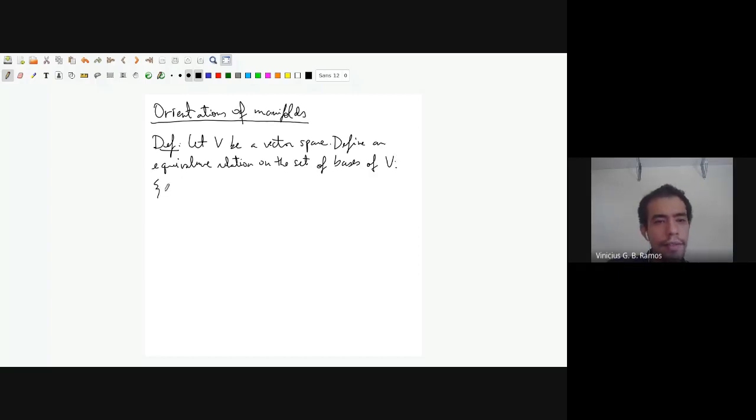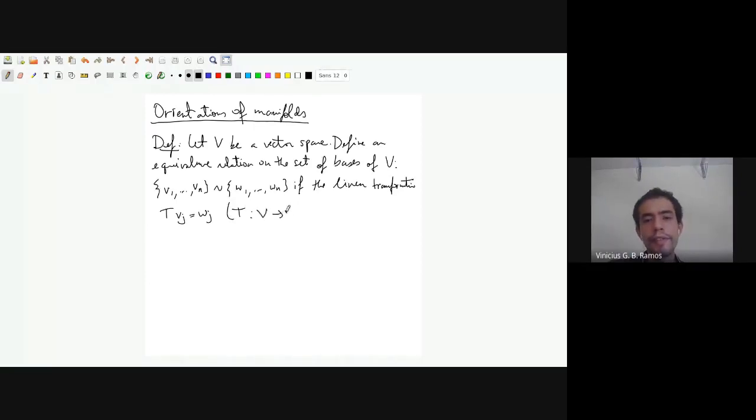We say that two bases, V1 through Vn, is equivalent to the basis W1 through Wn if the linear transformation that takes Vj to Wj, so this is an isomorphism of V, from V to V, has positive determinant.